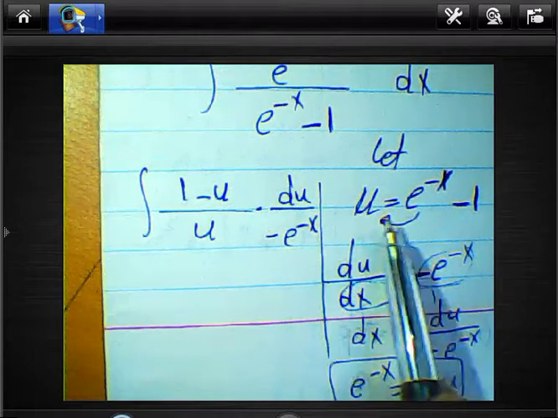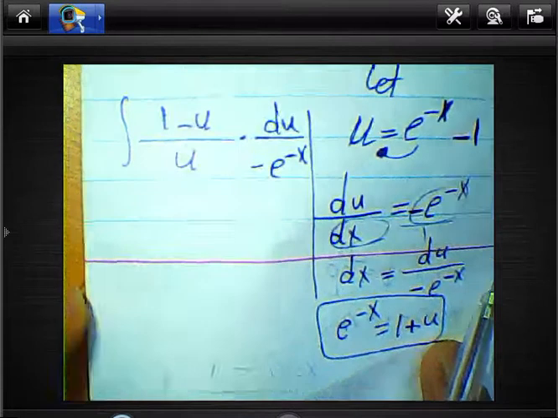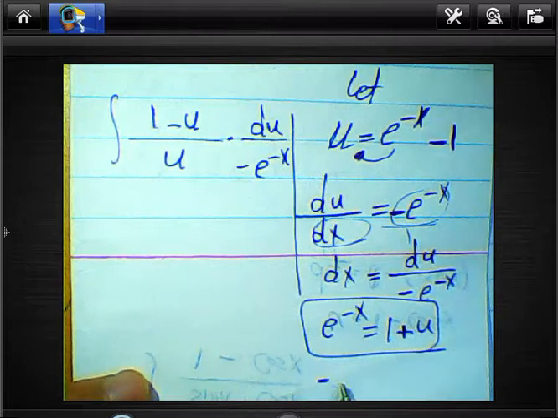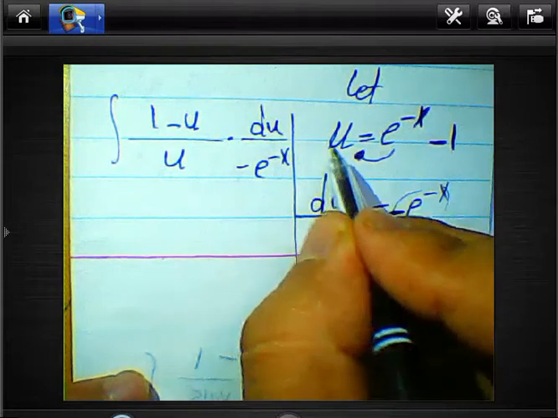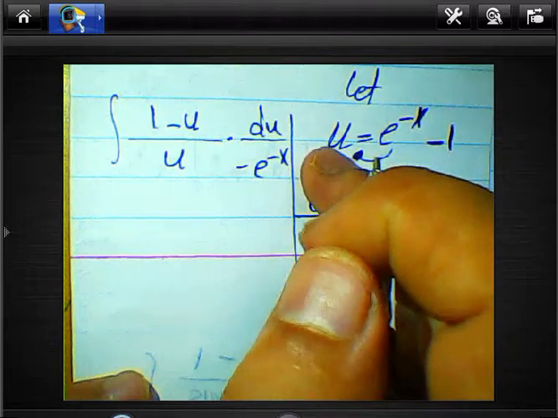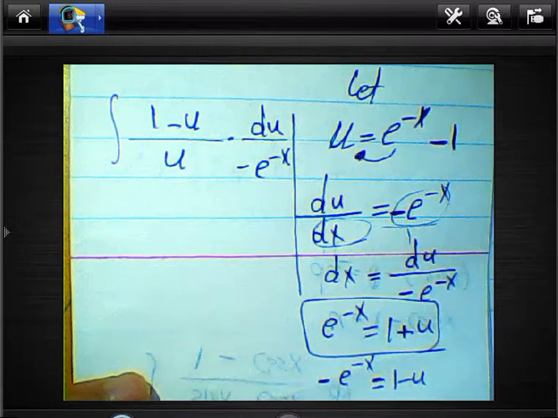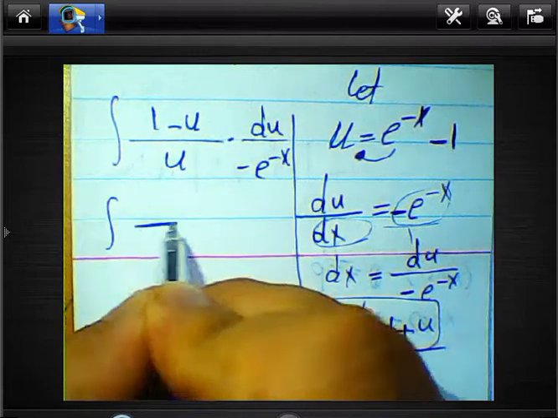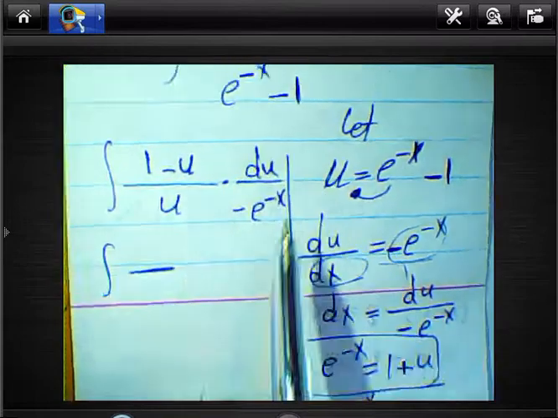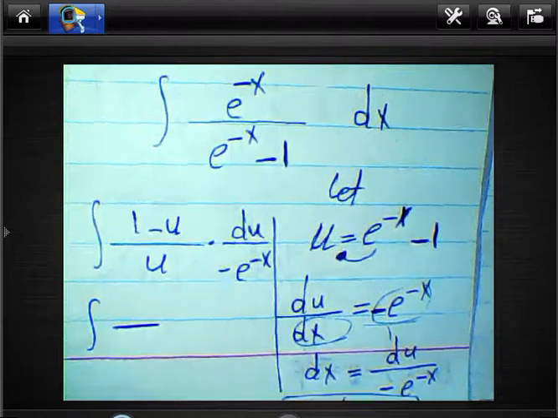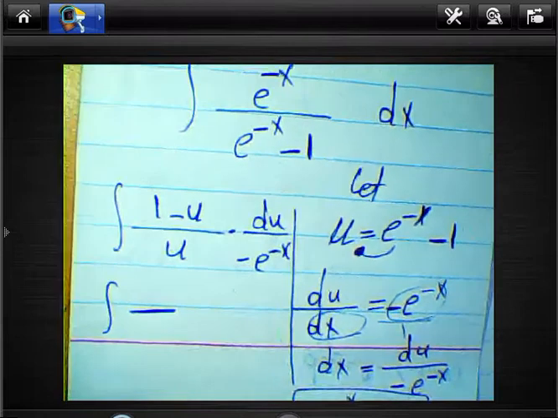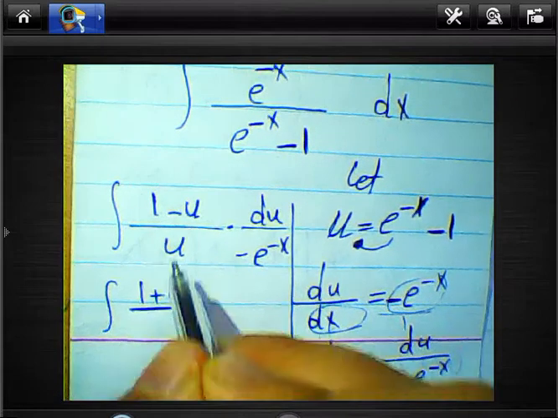And in this example we can move it here, so negative e power negative x we can write on the left hand side, and 1 subtract u equal 1 subtract u. So e power negative x will be 1 plus u.